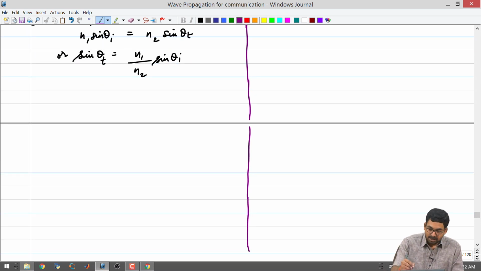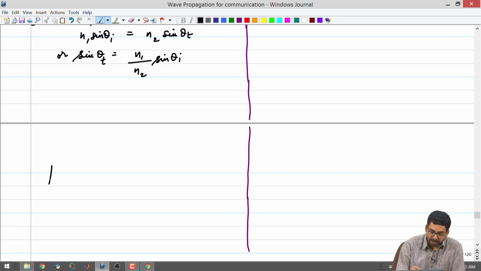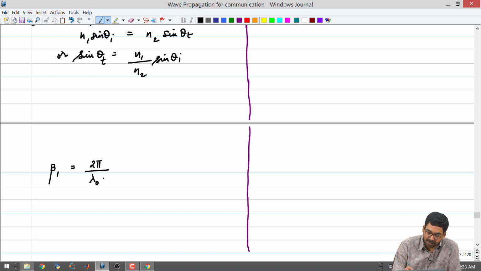The ratio n1 by n2 can also be written in a more complicated form, because we know that phase constant in a medium beta 1 is given by 2 pi divided by lambda in that medium. So, you could always write this down as free space wavelength divided by n1, right.